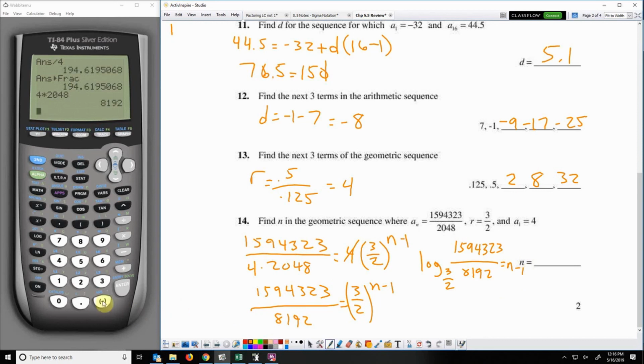Okay, so I can do log of the argument divided by log of the base. And I can add a 1. So I get 14.